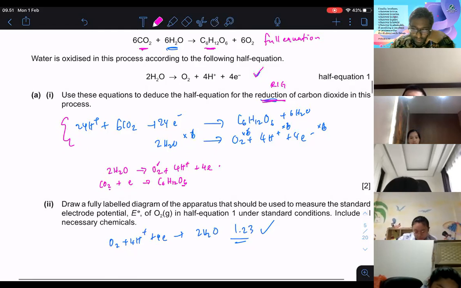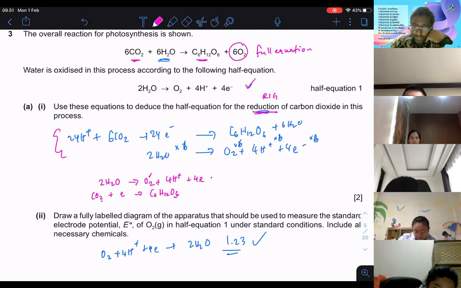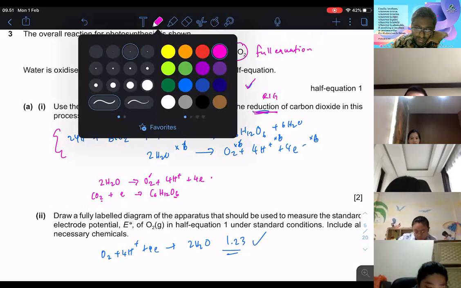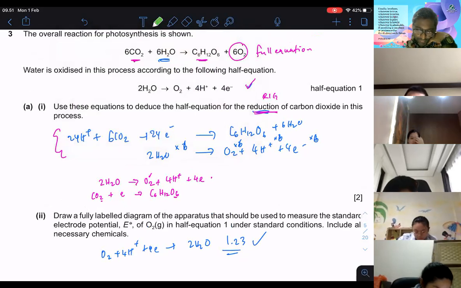And I notice from the entire equation there's 6O2. So I need to make sure that all of them have 6. So I end up multiplying everything by 6.